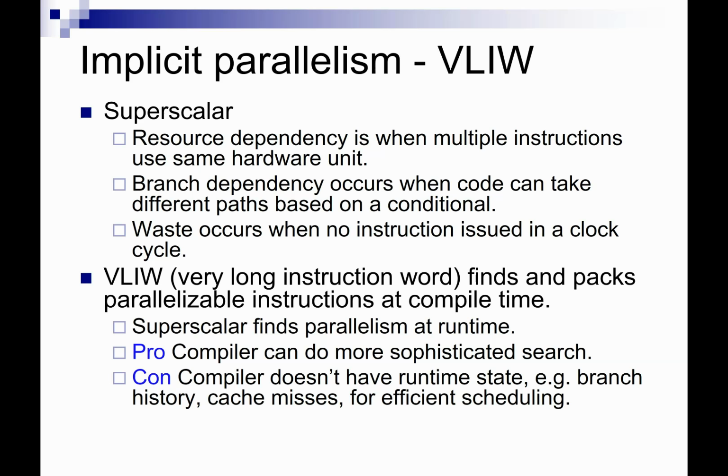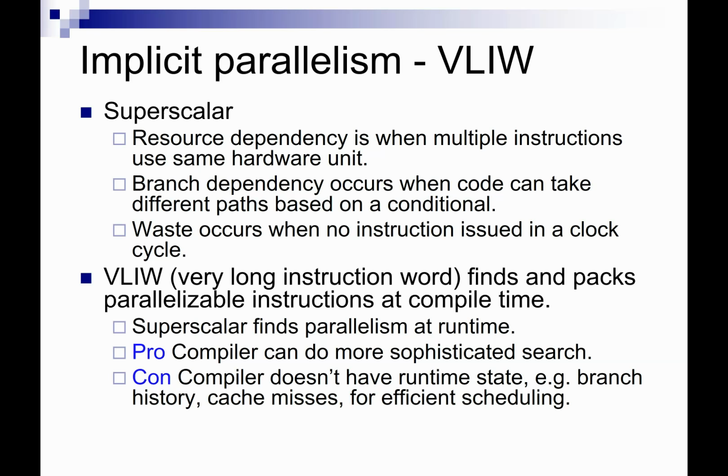So there are both pros and cons to VLIW. The pro is that because you're doing this at compile time, your compiler can use very sophisticated algorithms to try to find as many parallelizable instructions as possible. However, the con for VLIW is that because you're doing this at compile time, you don't know what's happening at runtime.